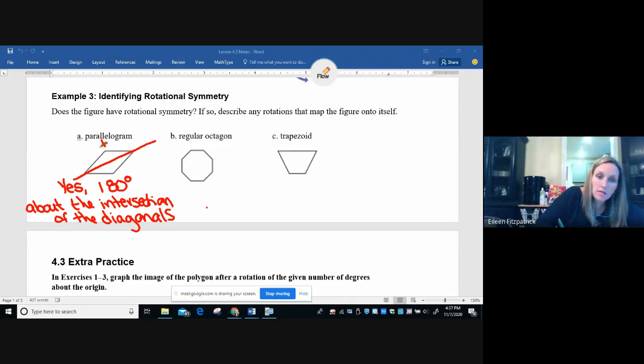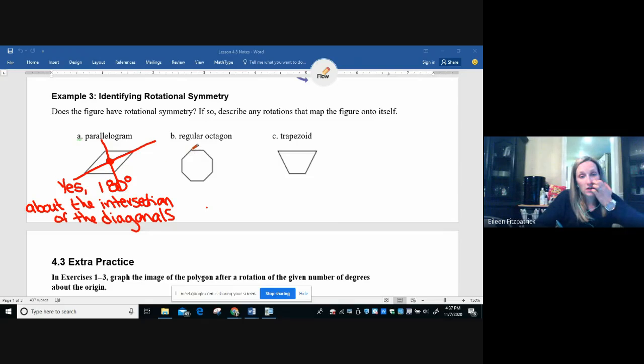Here's the other diagonal. If I rotate about the intersection of the diagonals, so if this point rotates 180 degrees, this point here would land here, and this point here would land there. Would the figure still look exactly the same? So that's why it has a rotational symmetry of 180 degrees.